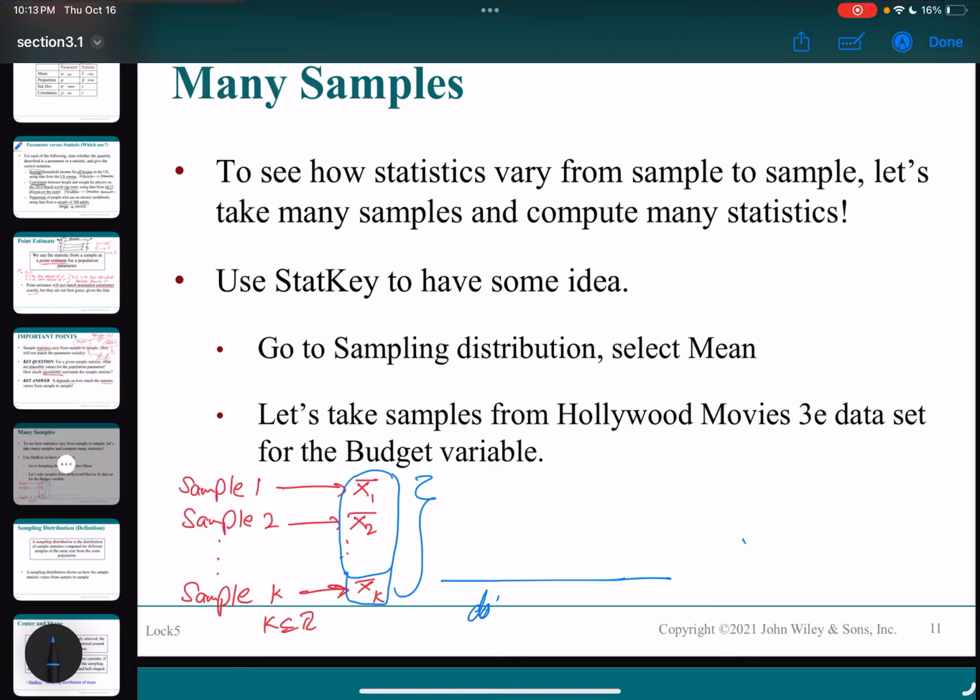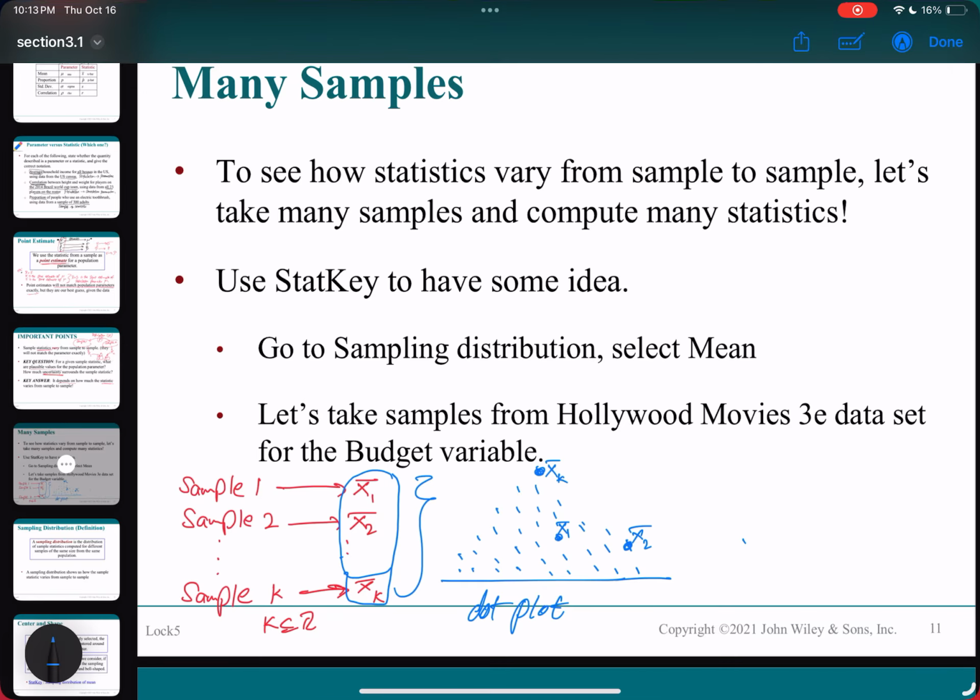So this is a dot plot. If I do that, I will get this kind of plot. Here maybe you have x1 bar, here x2 bar, here xk bar, something like that. How many x bar values here? Same number of dots here on the dot plot.